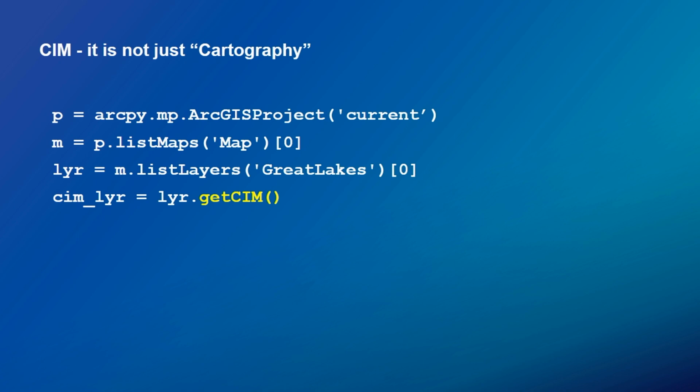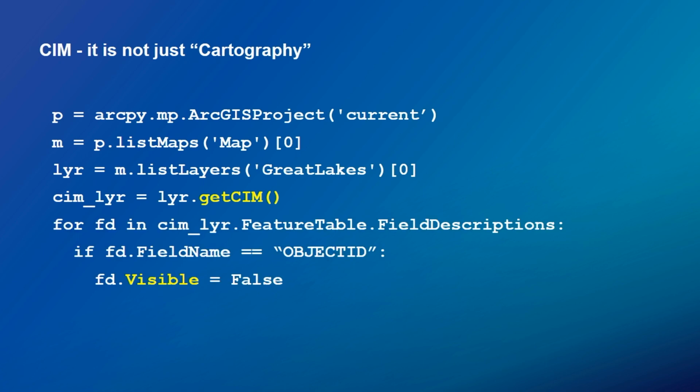This is where we go to that object and return its entire SIM definition. You'll be able to do this for a lot of the managed objects that we expose in arcpy.mp. So you can go to a layout and return all of its SIM definition info. If you want to get to all the little components of a layout, okay, return that. Here I happen to be working with a layer. It could be a table, it could be a map, it could be a symbol.